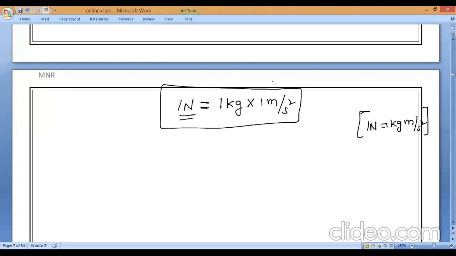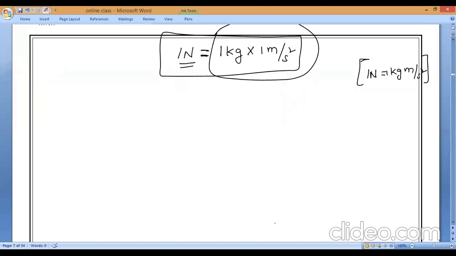Now, can anybody explain this theoretically? What do you mean by kilogram meter per second square? We defined 1 Newton, 1 joule and all in the first chapter. If 1 Newton force is applied on 1 kilogram of mass and it produces 1 meter per second square acceleration, that is what we call 1 Newton.